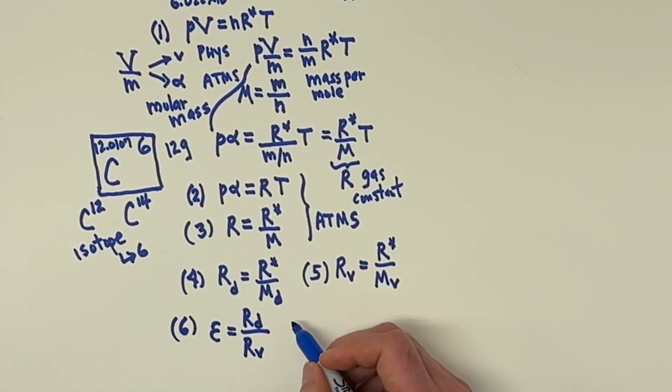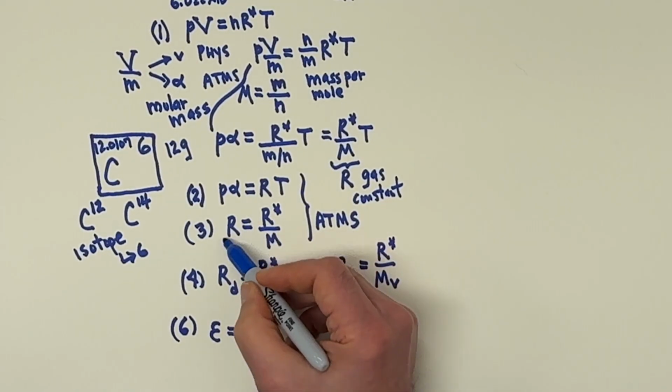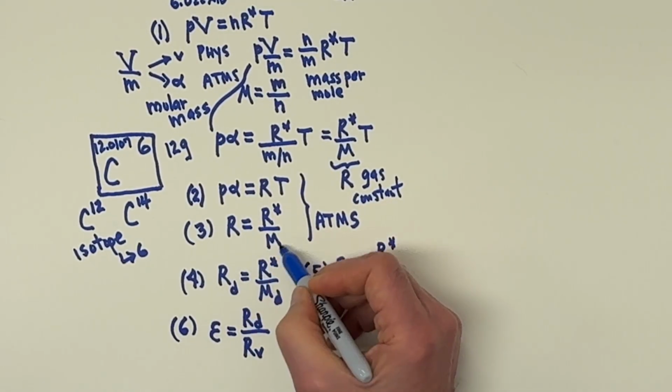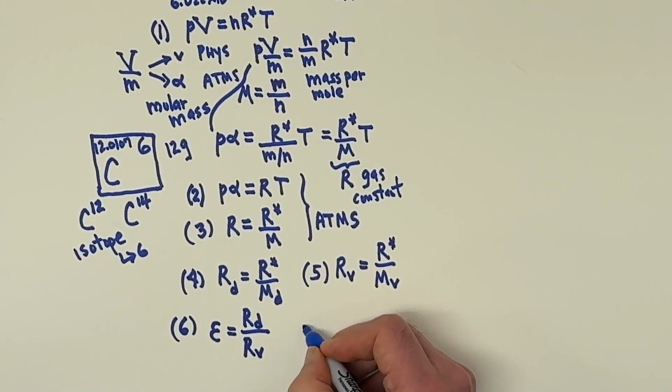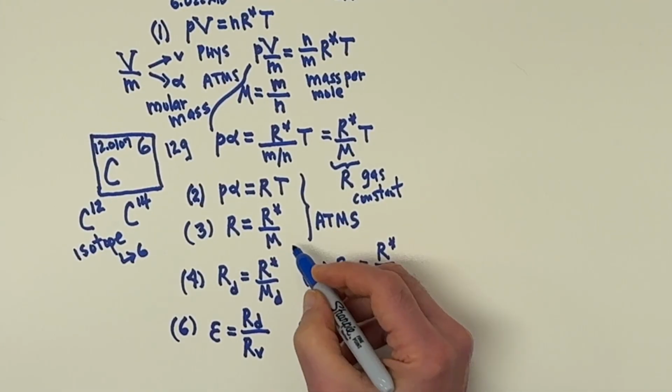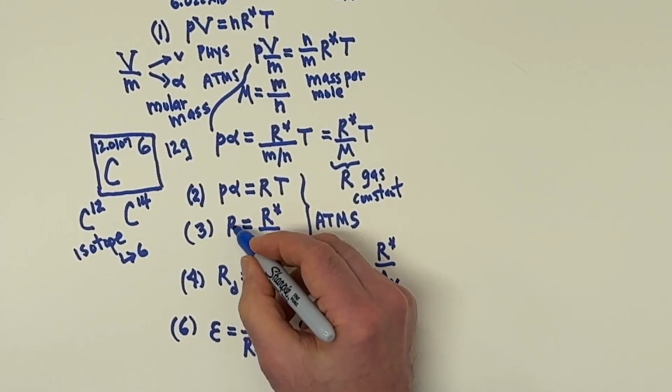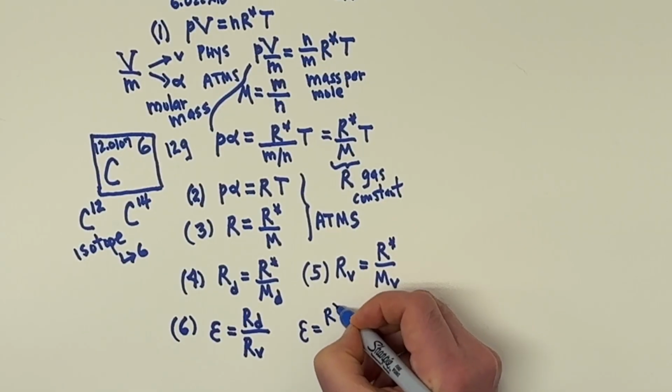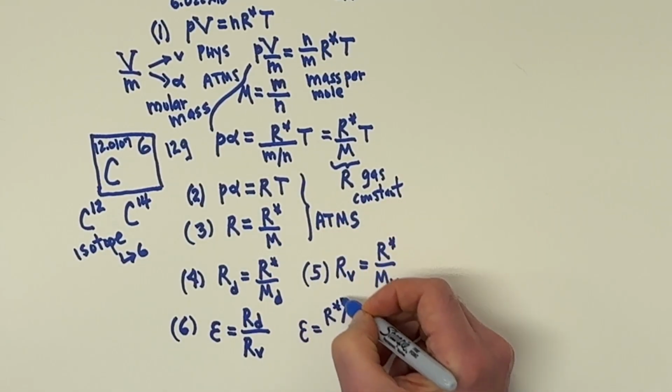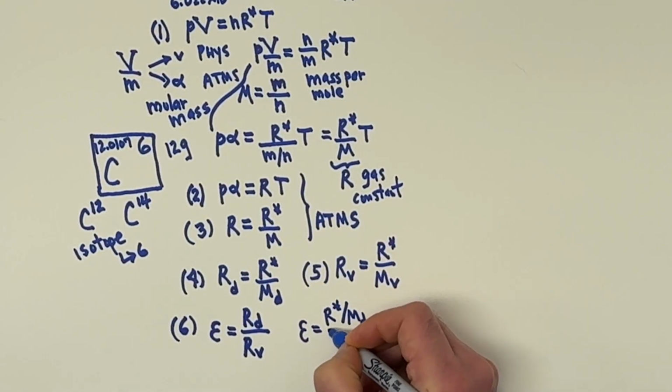But now we have another formula, since if we look at this 3, we can write this one, epsilon here, as for the RD, you would have R asterisk divided by MD.